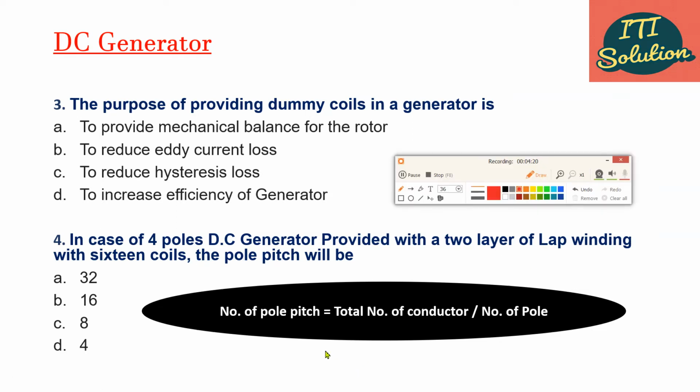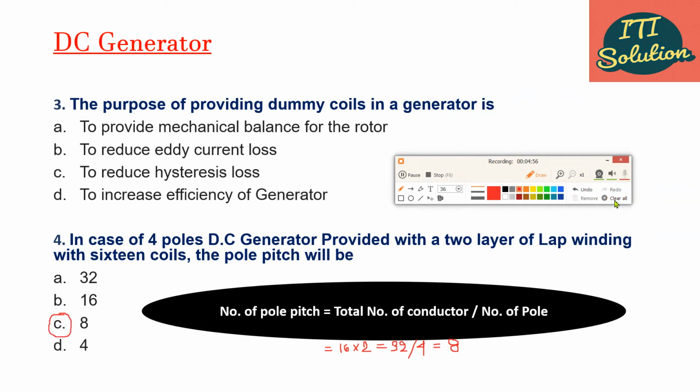Total number of conductors is 16 multiplied by 2, which means 32, divided by the number of poles, 4. Correct answer is 8. So option C is correct.